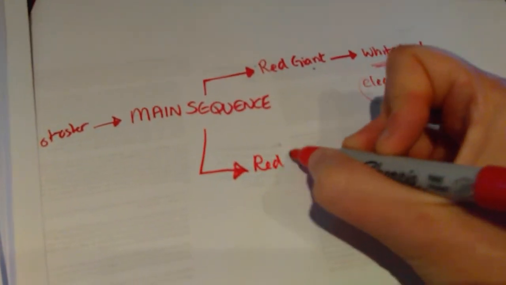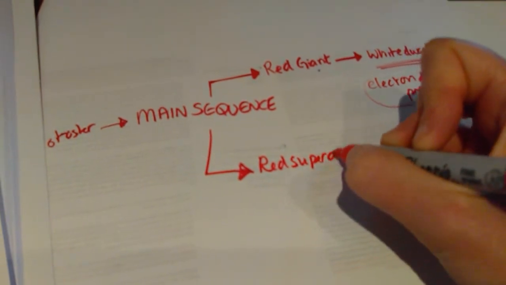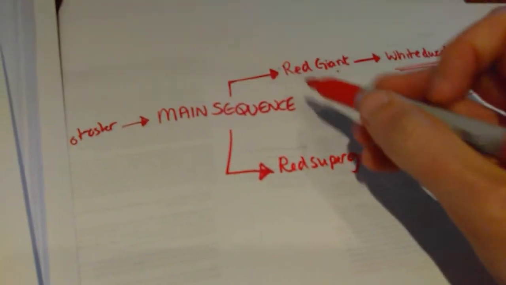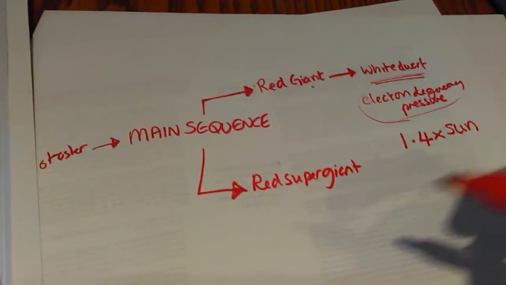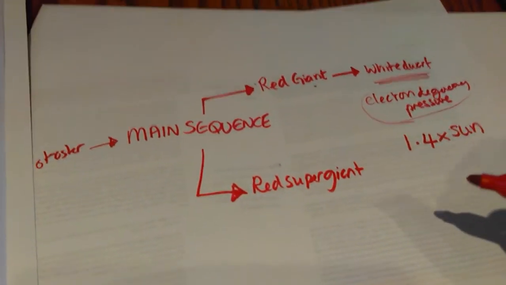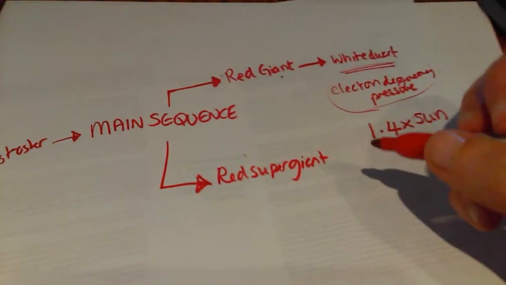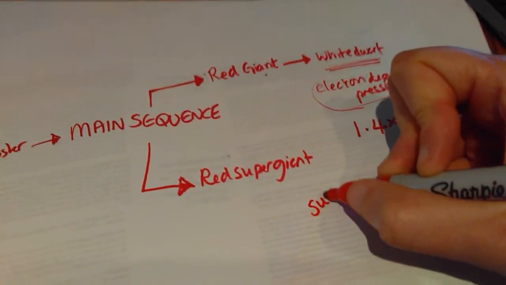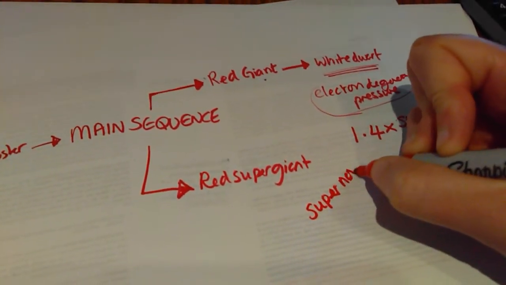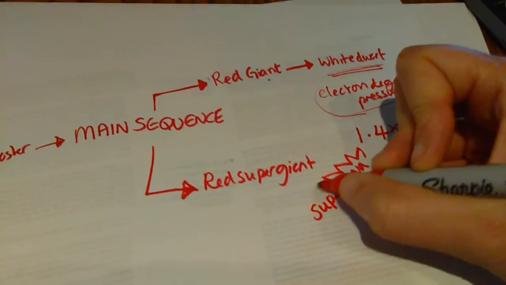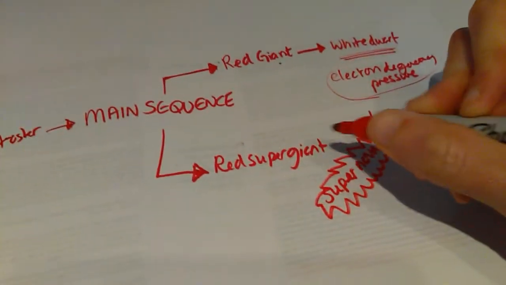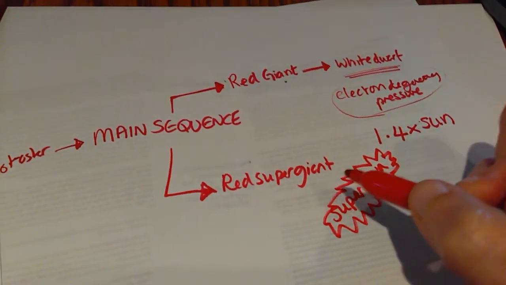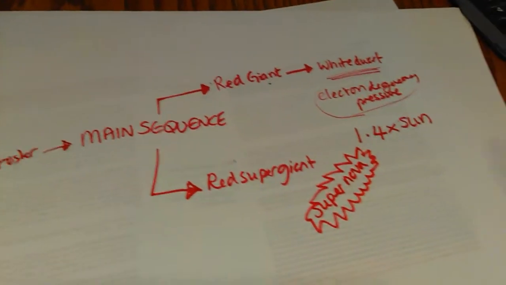So we've got the red supergiant, similar to the red giant. We've got some other fusion happening, and because of that we've got an expansion. But then it goes supernova. The reason it goes supernova is because the electron degeneracy pressure cannot balance the gravitational forces, so it collapses in on itself.